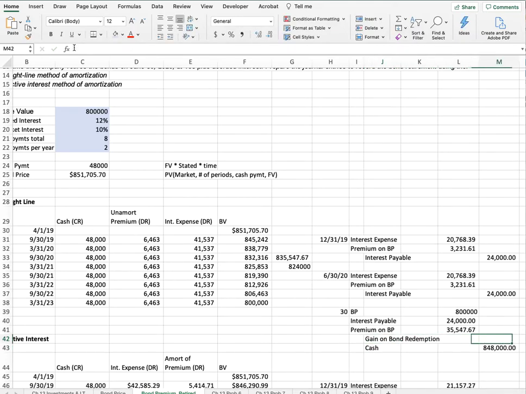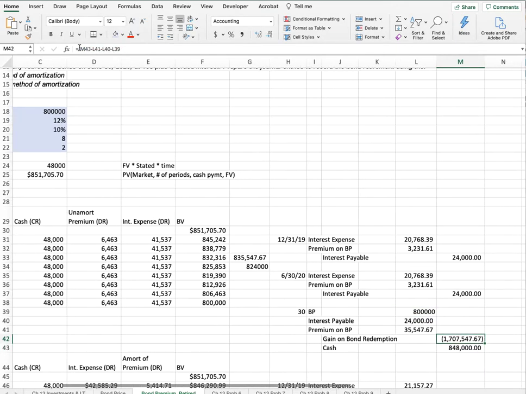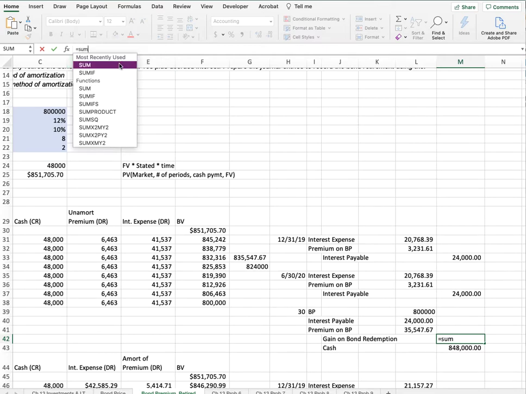The gain we could calculate as the difference, but of course we don't want that to be in the negative. Oh my goodness. What about this all wrong?